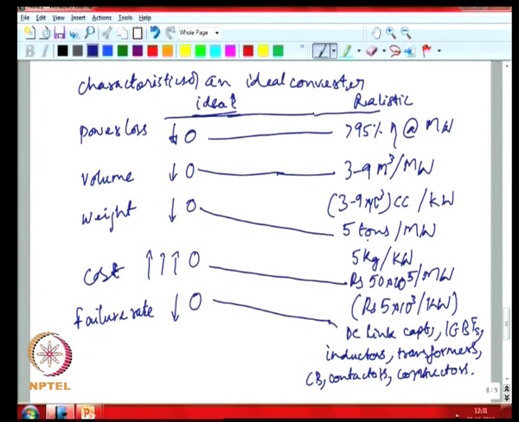So, you could ask what is the cost per kg of a converter. You may not think of power converter as you purchase in kgs, but you could look at, okay, if I purchase equipment, what would be the cost per kg or cost per volume, and these are fun exercises to do.